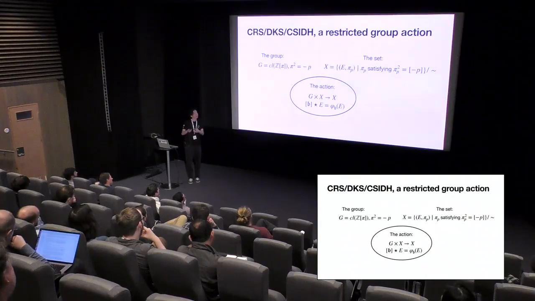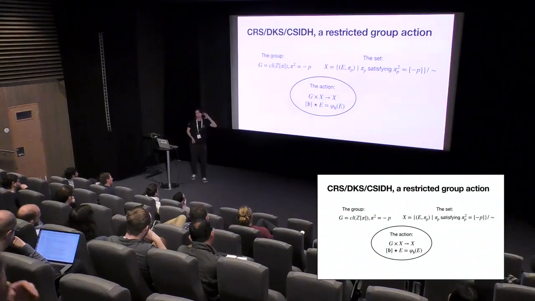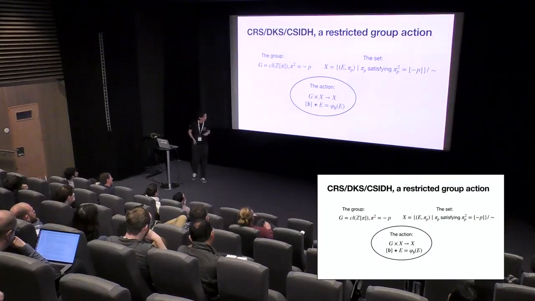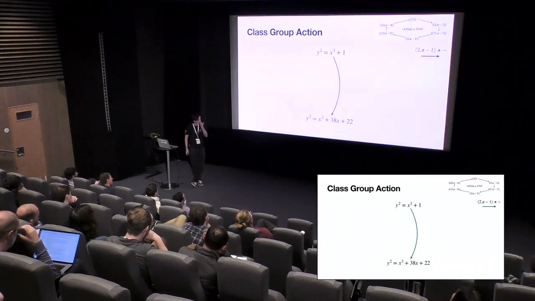And again, the action, I won't go into a lot of details, but the point is that to an ideal representative, some kind of ideal in our class group, we can very naturally associate a certain isogeny by using this ring injection that I just mentioned.